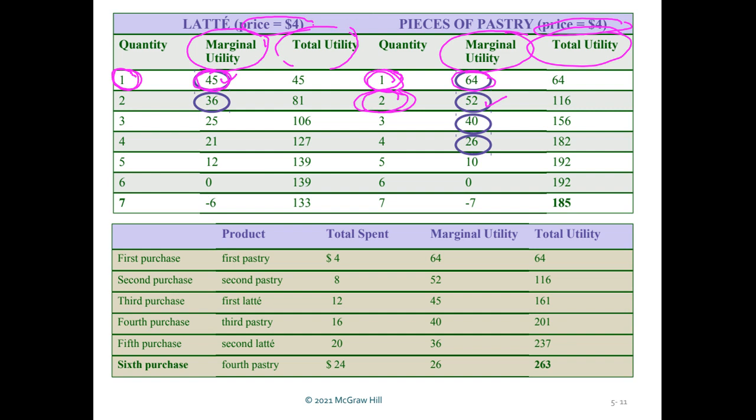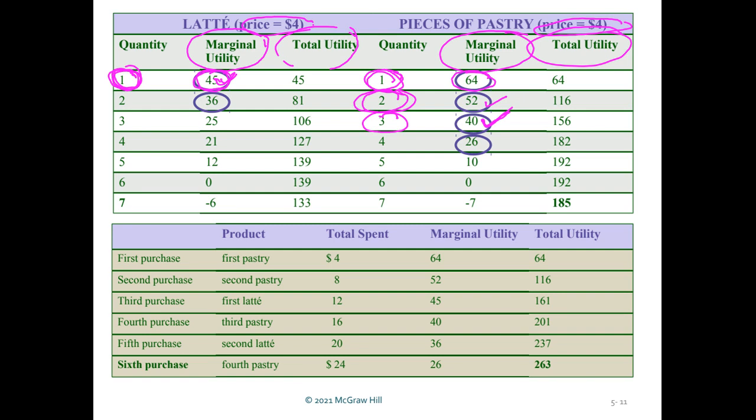Then Anna will compare the third pastry with the first latte because she hasn't bought any latte. And you can see this 45 is greater than 40 this time. So after buying two pastries, Anna buys the first latte.